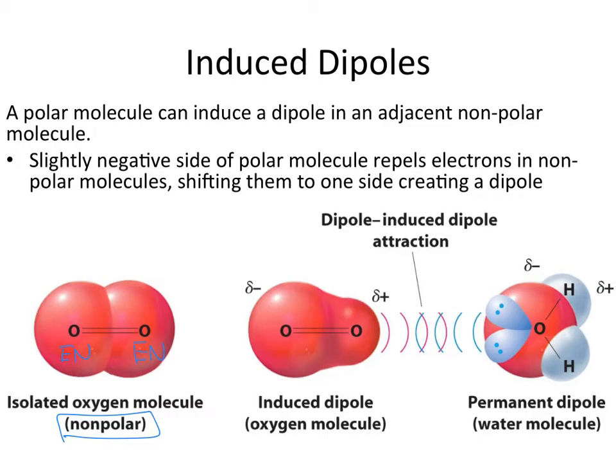But if this molecule approaches a polar molecule, this is polar because this side is going to be slightly positive and slightly negative. We already spoke about that. Because this side, the side of the water molecule, is much more negative, it's going to start repelling the electrons in this oxygen molecule.